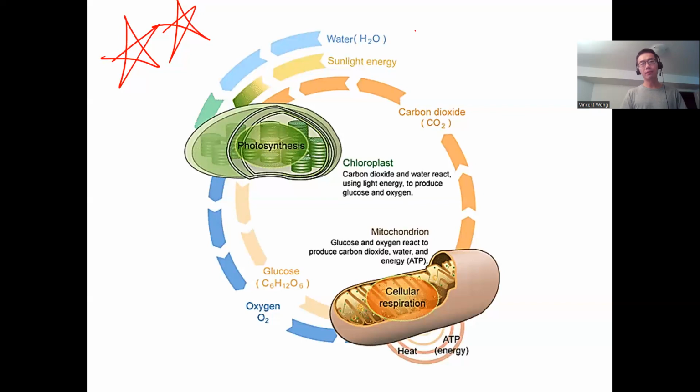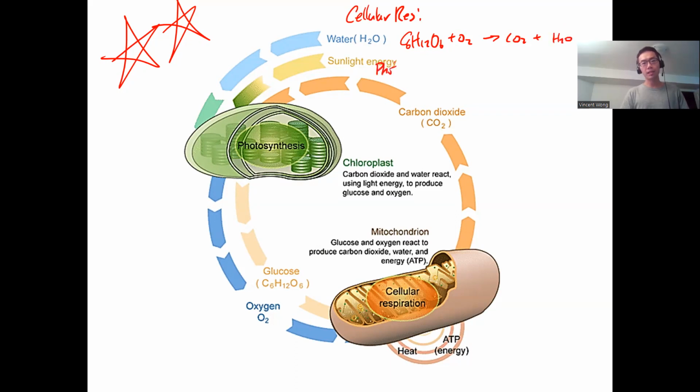Right? Let me write it down for you. For cellular respiration, it is C6H12O6 glucose plus oxygen, and it produces carbon dioxide and water.